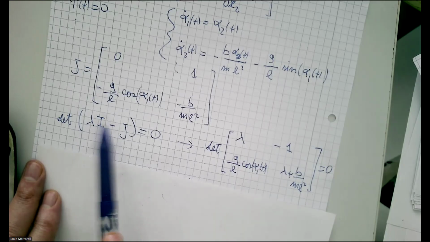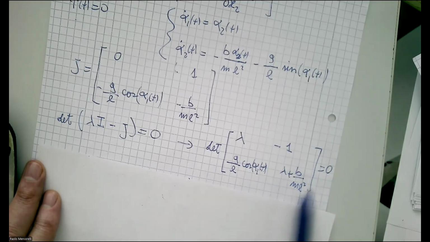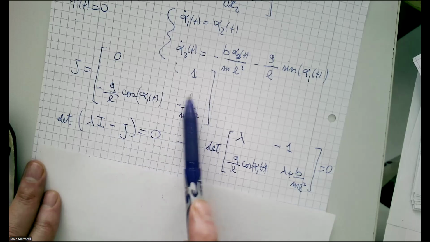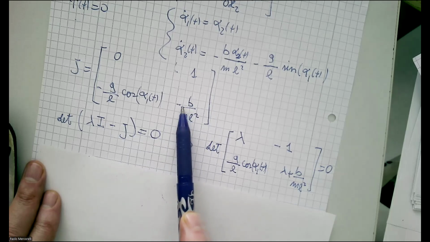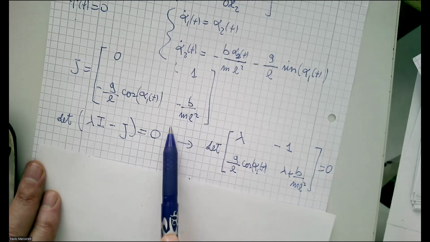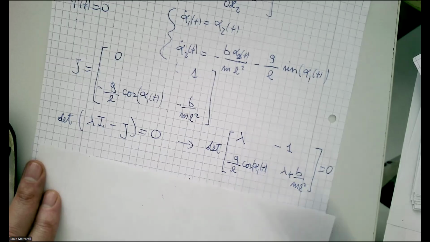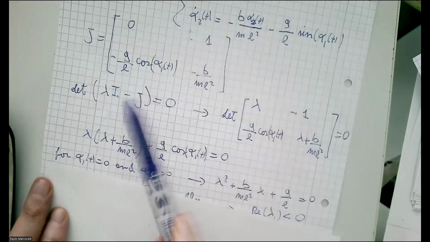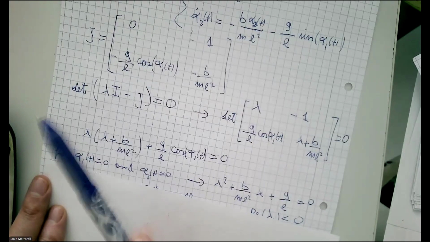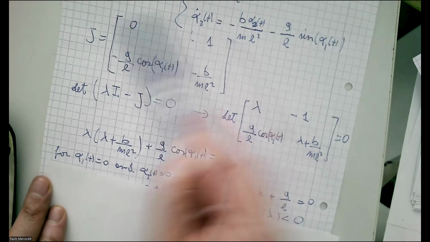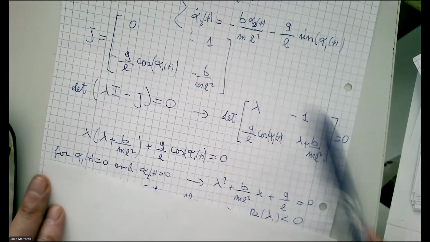And then we have lambda plus this element here, because again, minus j transforms this minus beta into plus beta. Lambda minus beta divided by ml squared. Again, this expression here came from the matrix lambda 0, 0 lambda minus this expression here. Try to do it at home. This is easy to see.